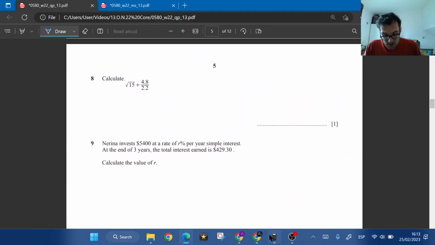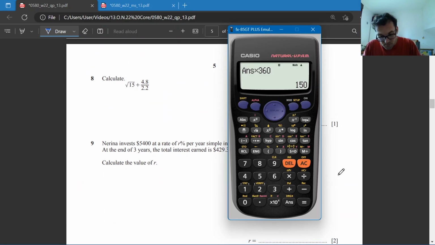Question 8, straightforward calculator question. Square root 15. Make sure you use these arrows so we get out from underneath the square root. Fraction 4.8, 2.2.